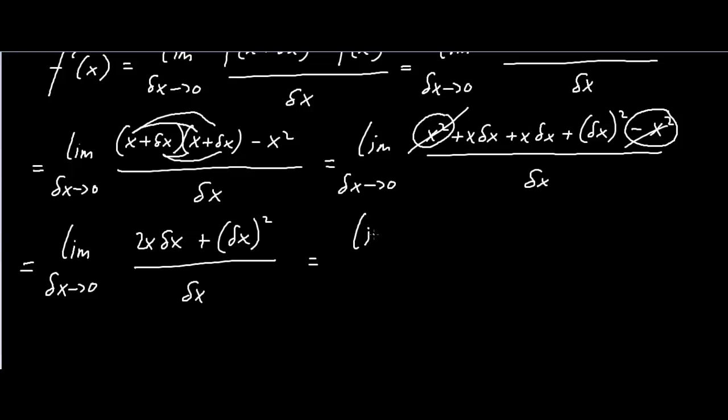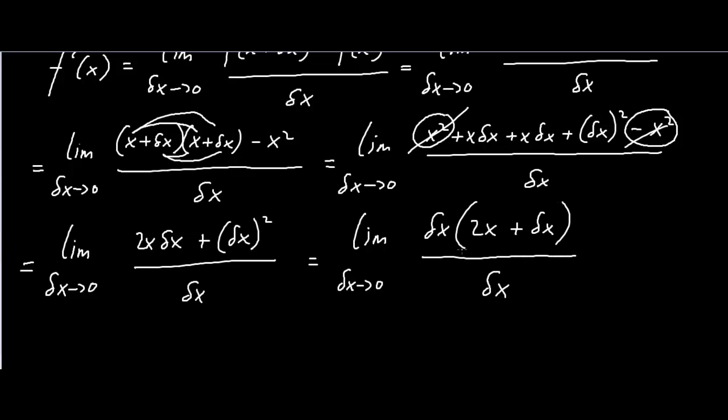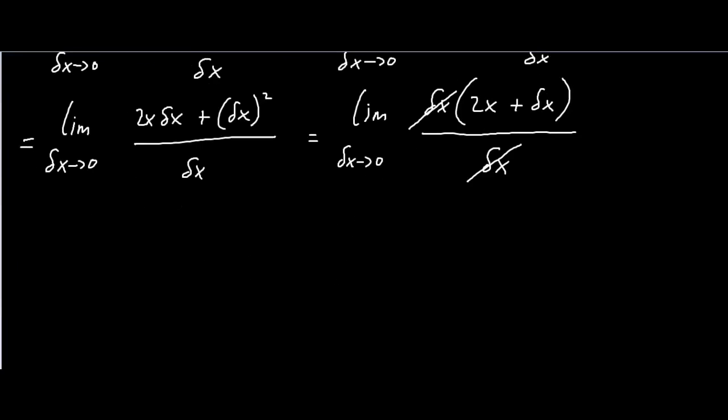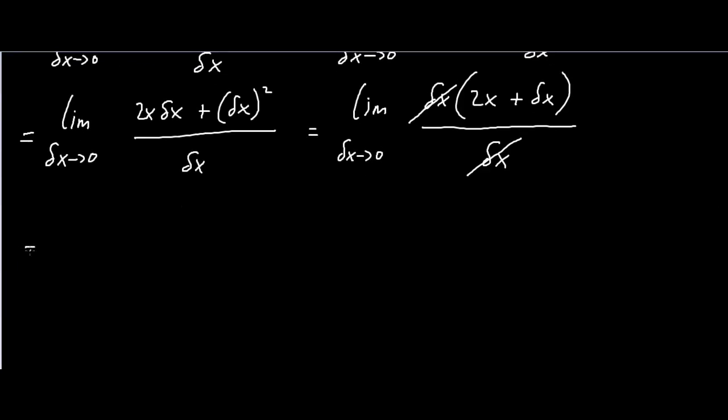Simplifying this further, we get to the limit as change in x approaches 0 of change in x multiplied by (2x plus change in x) over change in x. We can cancel out the change in x at the top of the fraction and the bottom of the fraction, leaving us with the limit as change in x approaches 0 of 2x plus change in x.